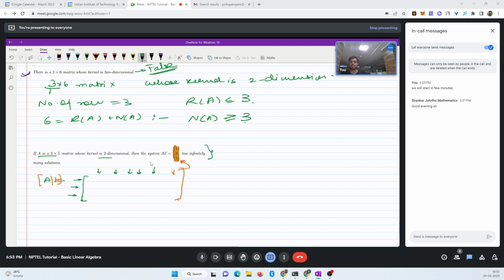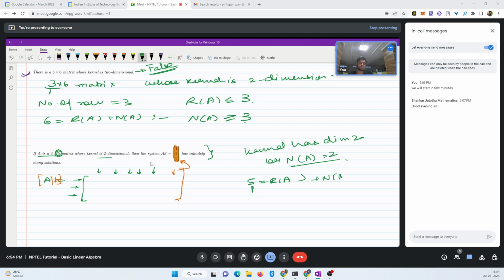Now it says that the kernel has dimension 2, or nullity of A is 2, right? If your nullity is 2, what does this give you about its rank? So it tells you that 5 is equal to rank of A plus nullity of A. 5 is your number of columns that I picked from here.